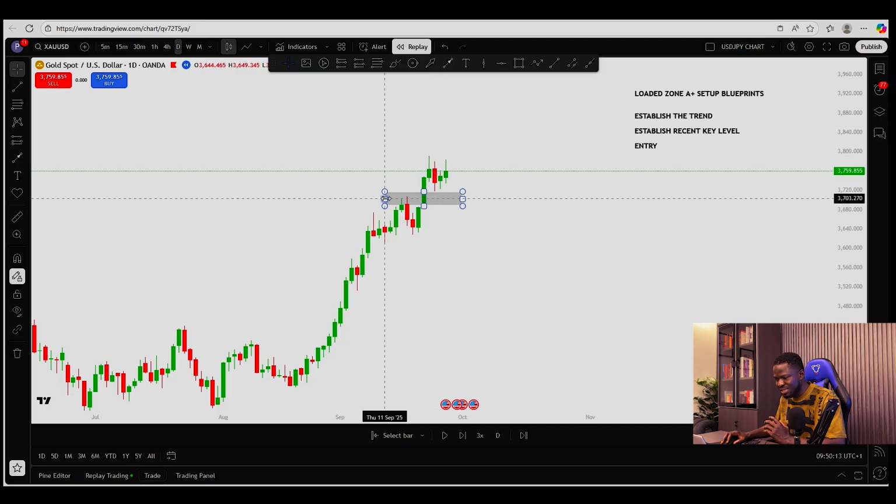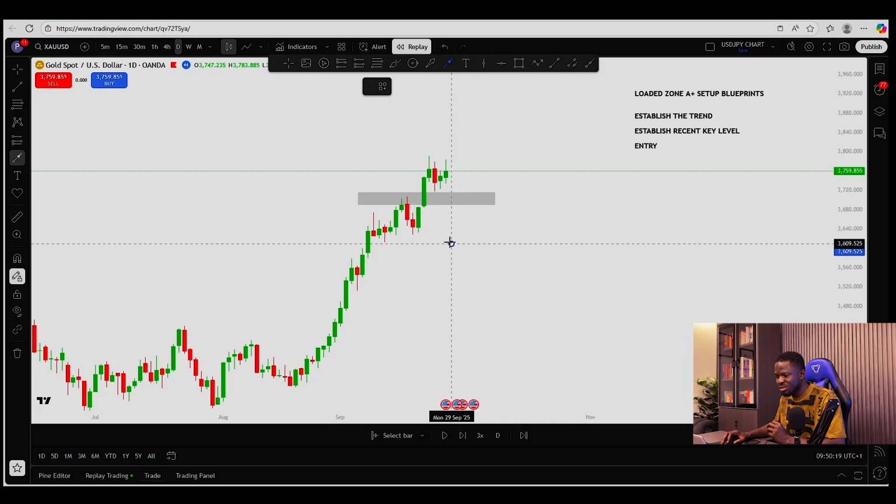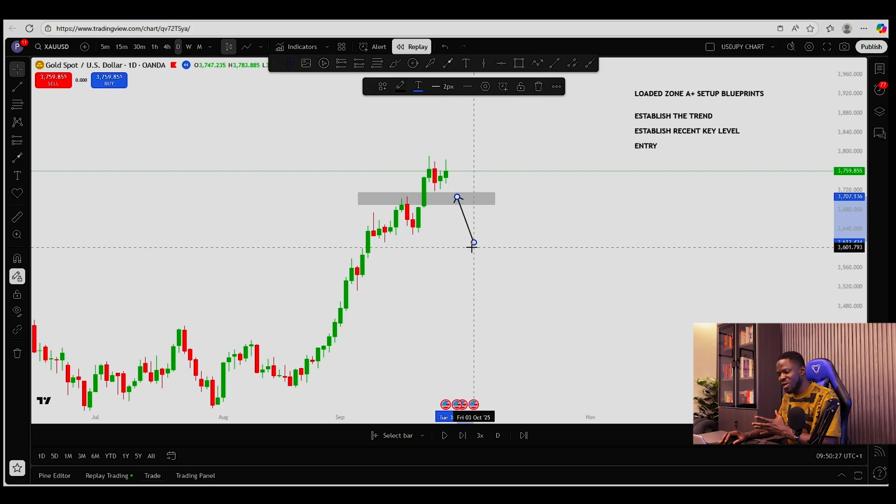Whenever a resistance is invalidated, automatically it becomes support. So a broken resistance to the upper side will return to support. And if the price action is trending upward, that means you will be buying at the support key level.